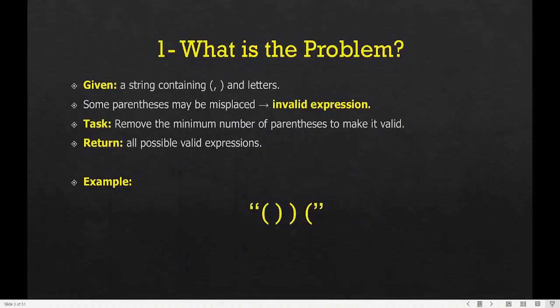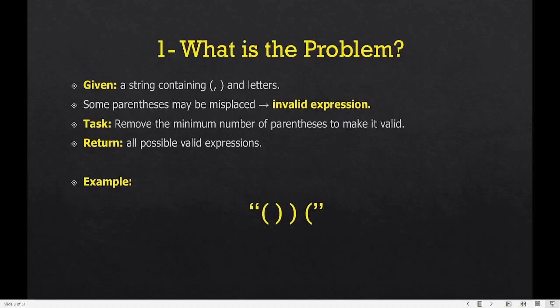First of all, what is the problem? Just like the numerical examples in physics, we are provided here with some preconditions, and something is required of us. First of all, we are given a string that contains open and close parentheses as well as some letters.